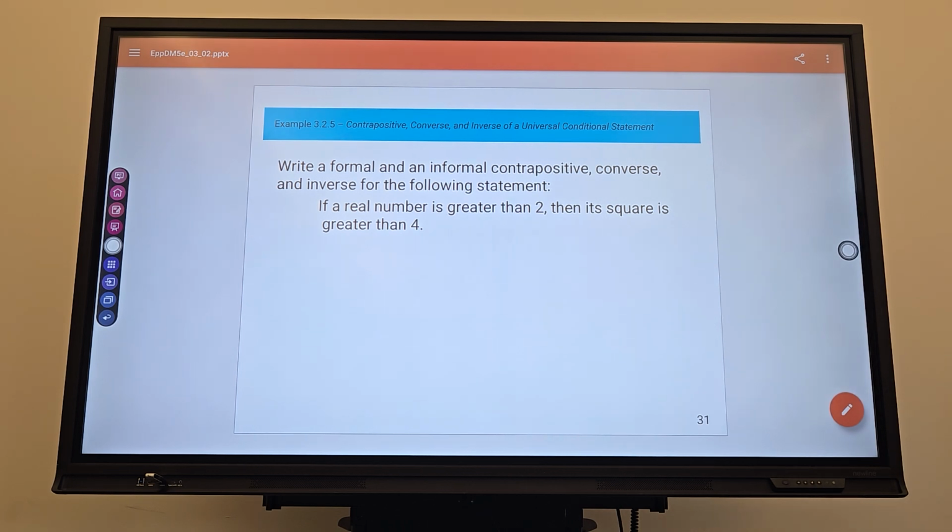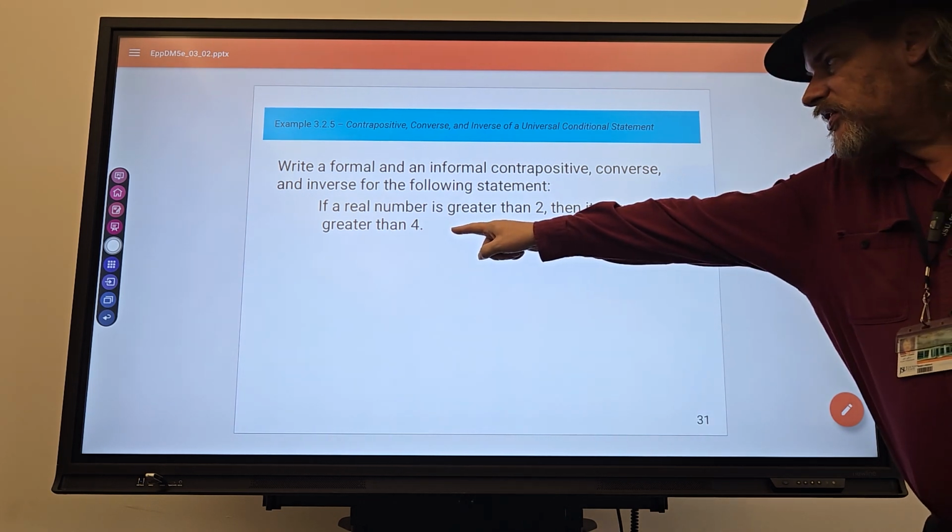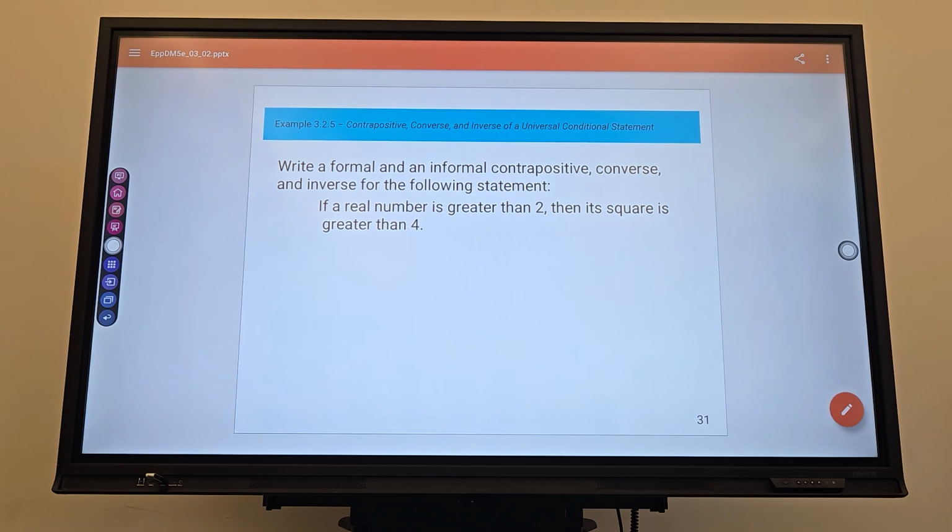The square of a number is the original. Because less than or equal to 2 and less than or equal to 4 is the inverse of greater than.